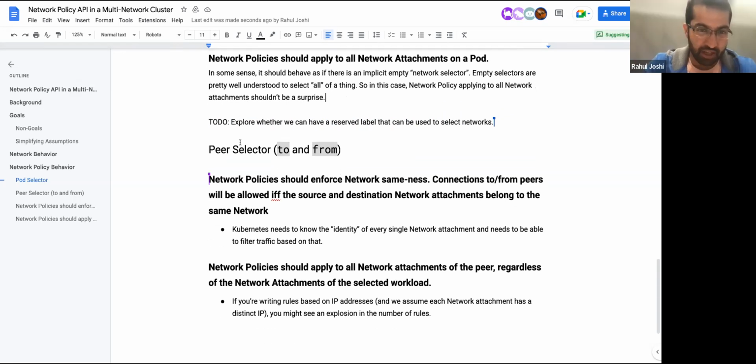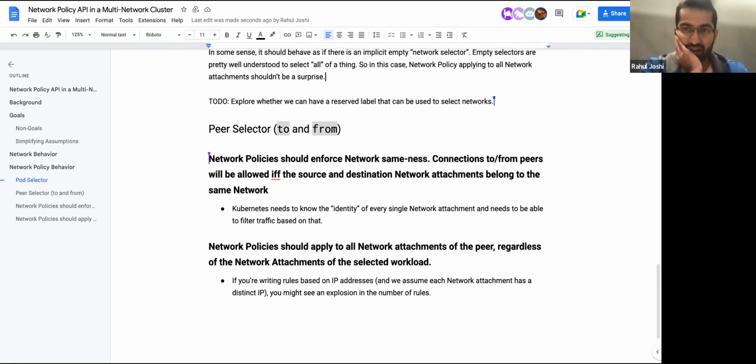Let's see. The next one's a little bit trickier, I guess. I don't know which way to go on this. This is about the peer selectors, so the to and the from. One tack you can take is that you enforce some sort of network sameness: if I'm only accepting traffic from an endpoint on the same network, I'm not allowing cross-network traffic.